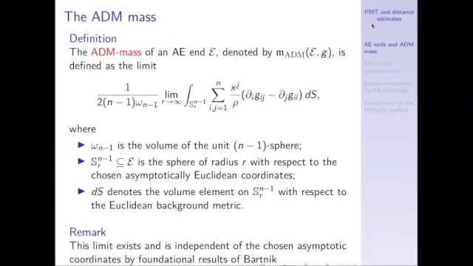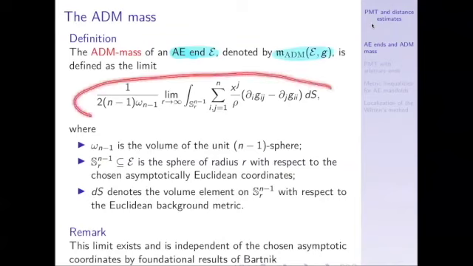We now move to the notion of ADM mass. So the ADM mass of an asymptotically Euclidean end E is defined as this limit. So here, omega n minus 1 is the volume of the unit n minus 1 sphere, and S n minus 1 r is the sphere of radius r with respect to the chosen asymptotically Euclidean coordinates.